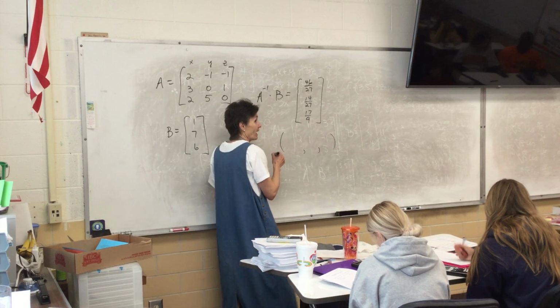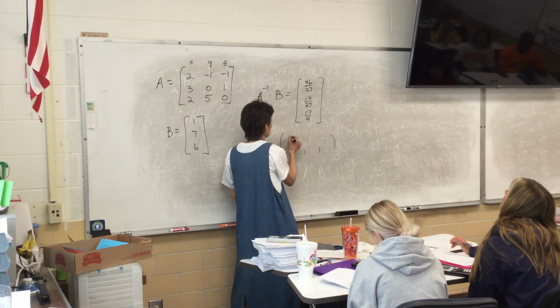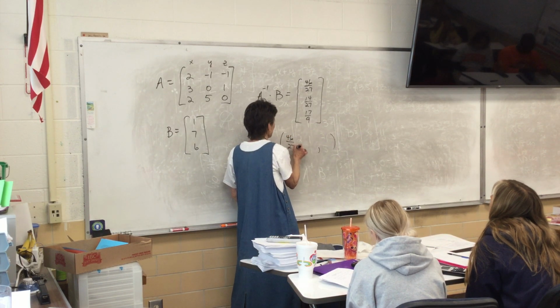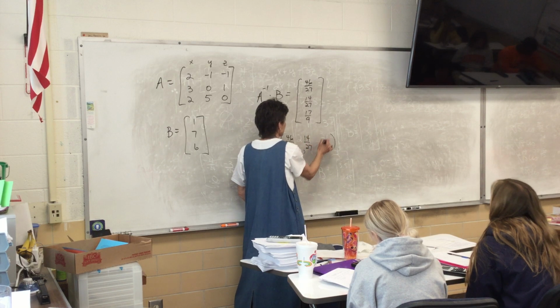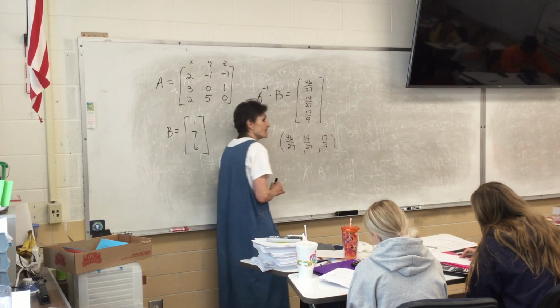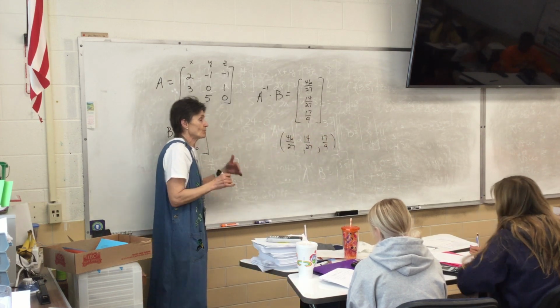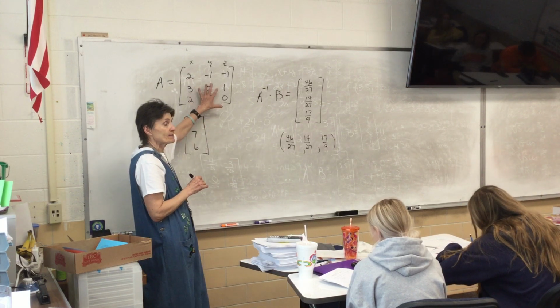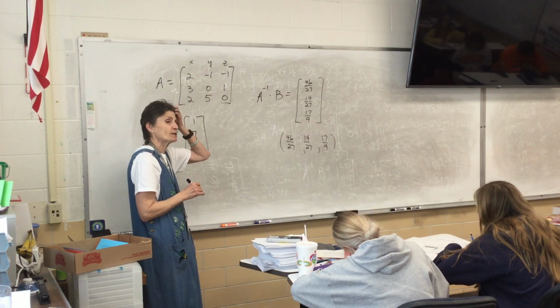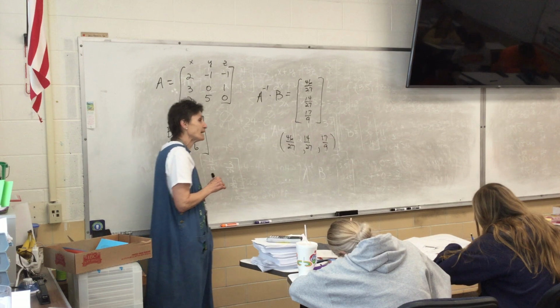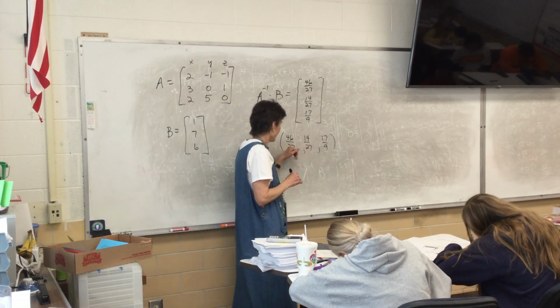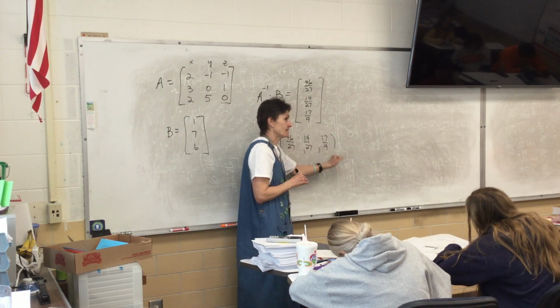That's a very high likelihood. So 46/27, 14/27, and 17/9. In other words, if we solved the original system of equations, we would end up with X, Y, Z.